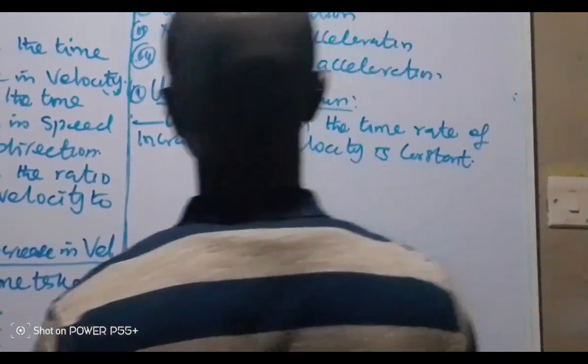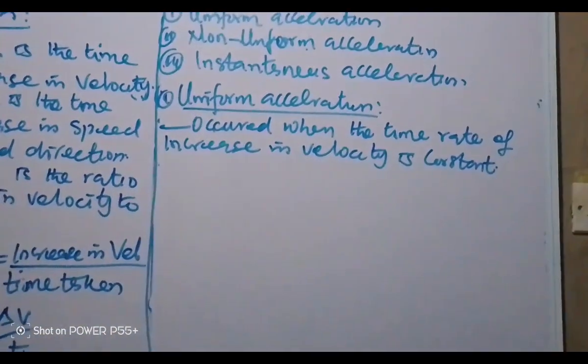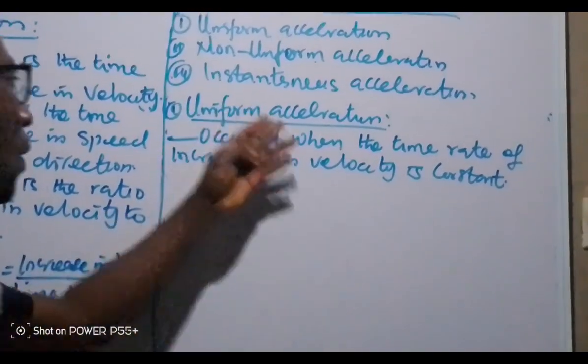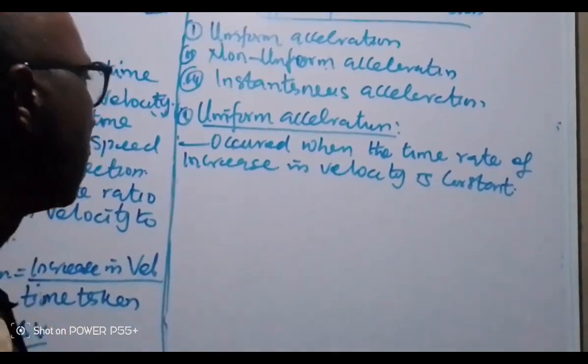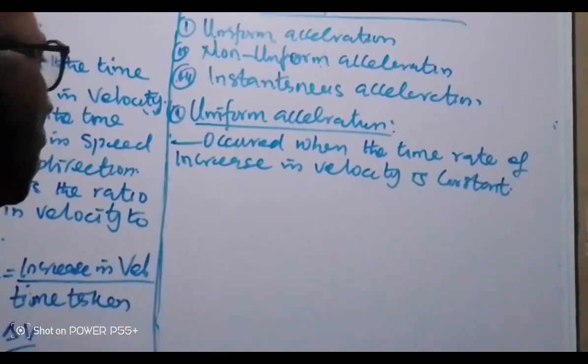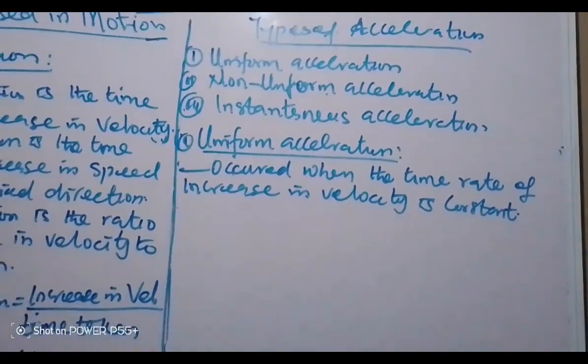When the time rate of increase in velocity is constant, we have what we call uniform acceleration. That is, as velocity is increasing, time also is increasing. Then we have uniform acceleration.